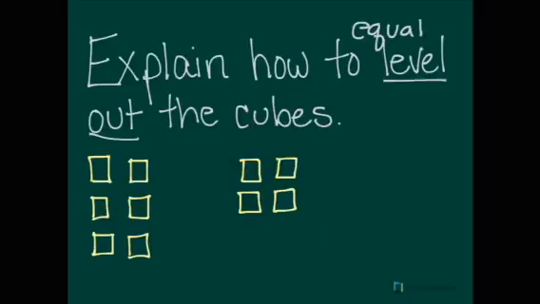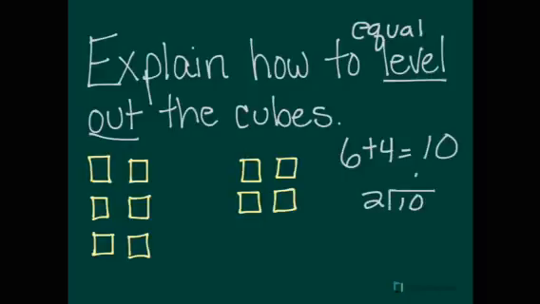So I'm going to add both groups together, 6 plus 4, which gives me 10. I have 10 total cubes, but I want to make them equal. I want them equal, and I have 2 groups. So I'm going to take that 10, which is my total, and divide it by 2.